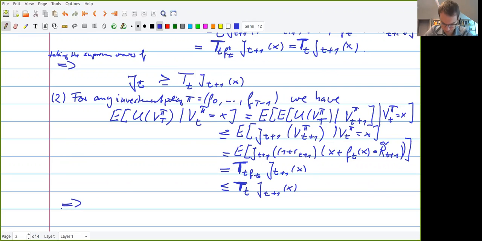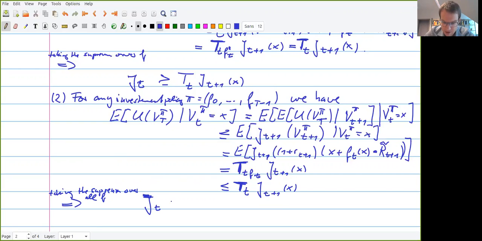And now we take another time the supremum of all decision rules, means taking the supremum over all f. What do we get? Well, this is then j t, right? If you take here the supremum.